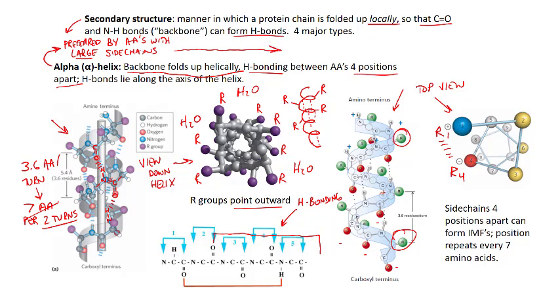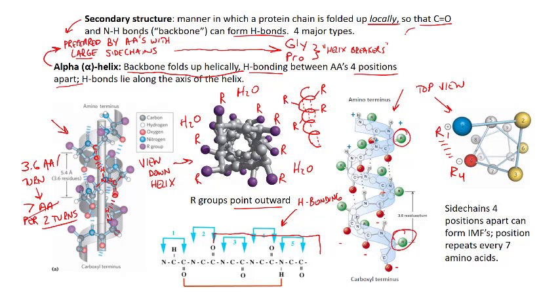There are 2 amino acids that have special effects on alpha helices. And those 2 amino acids are glycine and proline. Both of these are oftentimes said to be so-called helix breakers. What does that mean?